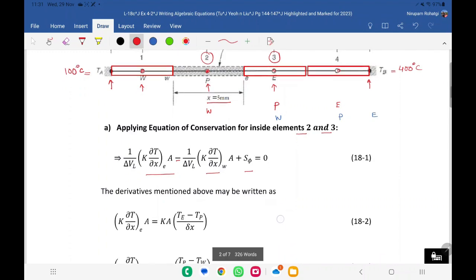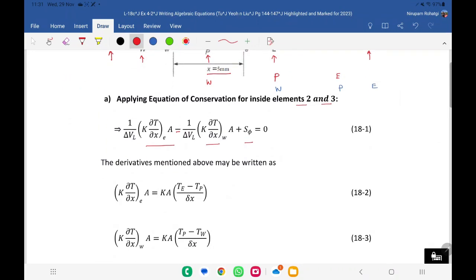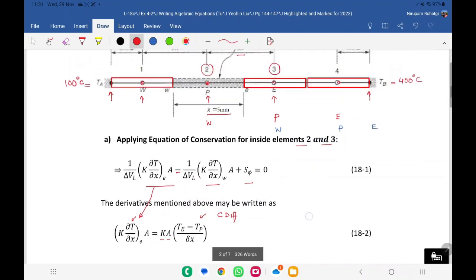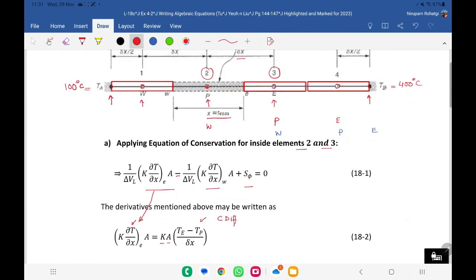Now what we do is, for this term, K is constant, A comes here as is. So delta T by delta X is written as the central difference scheme. You take a point where you want to find the derivative.